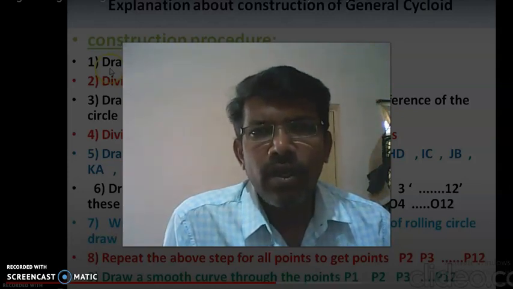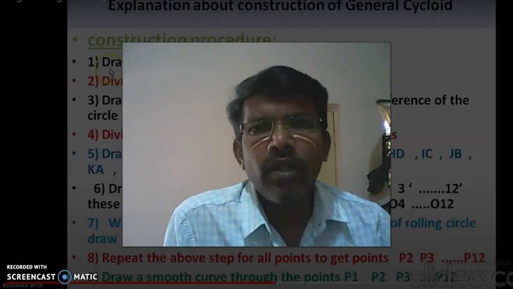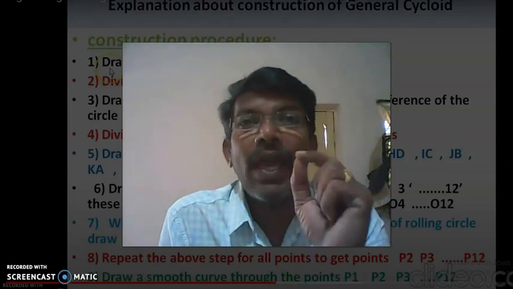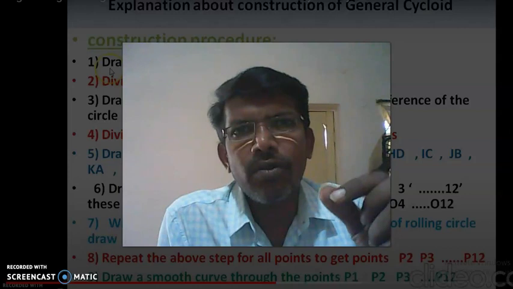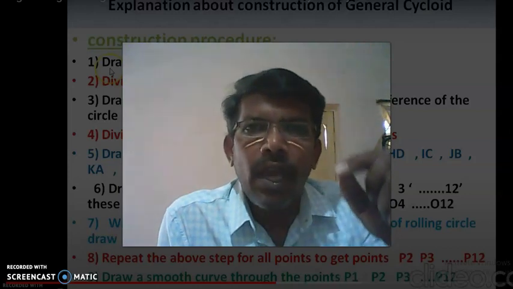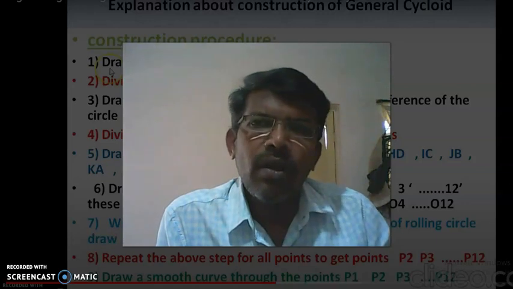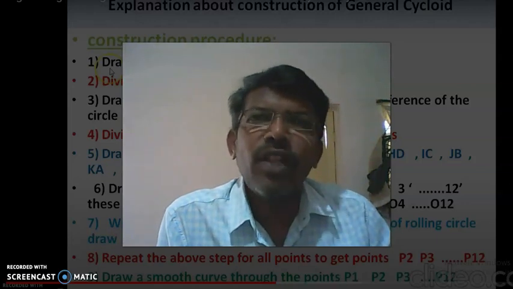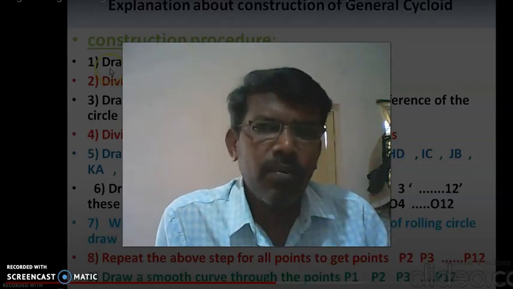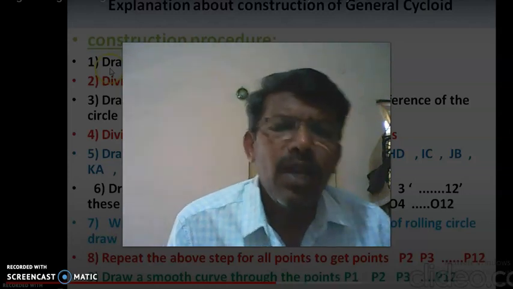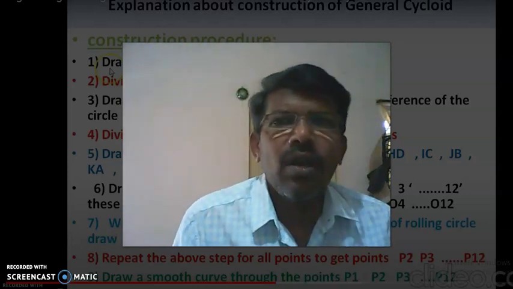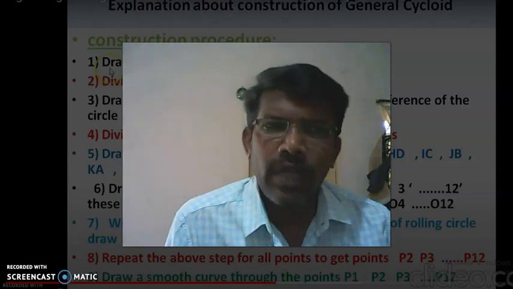Take any one point, which is the air valve. Keep the air valve at the bottom and move on the plane surface, on the road. So you can take many examples to make a cycloid.